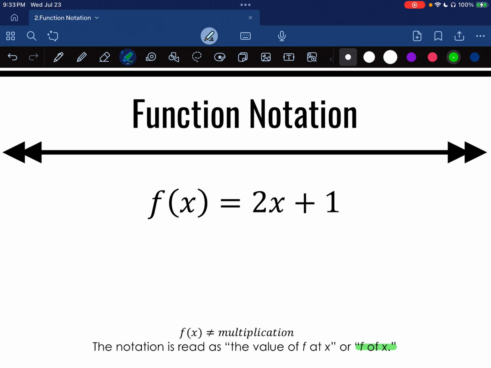Every part of this has a certain job. So f here is the name of the function. My kiddos have two names so that I can keep them apart.